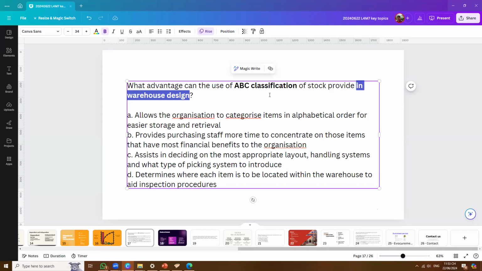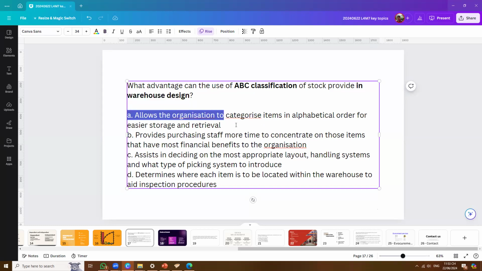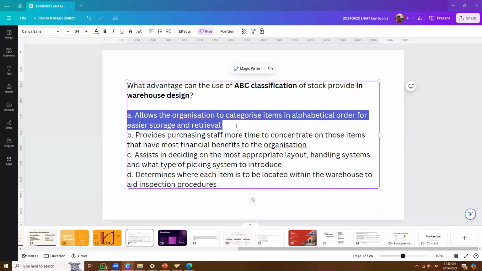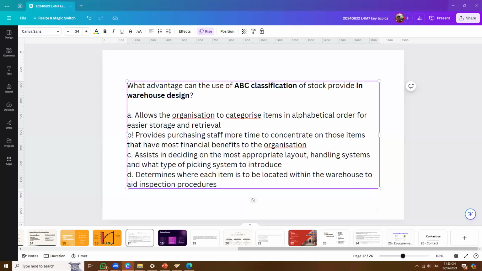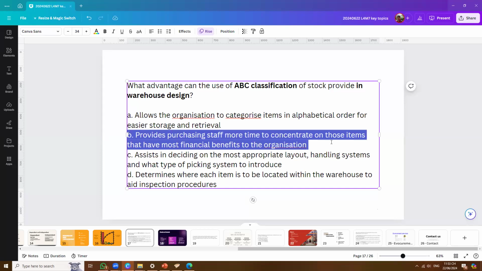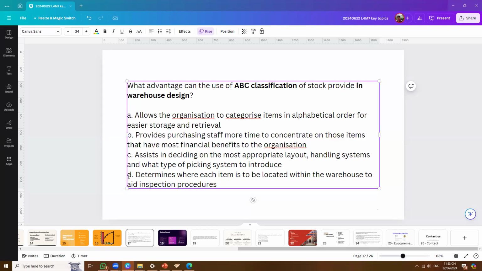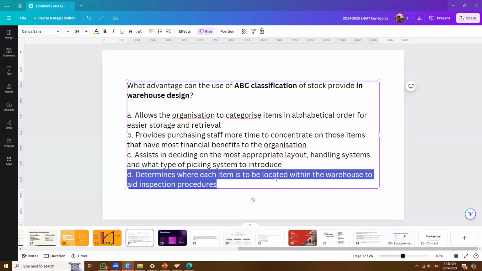That is the keyword. So when we consider this, A is absolutely not correct, because ABC is not about alphabetical order. B, of course ABC assists this, but it is not about warehouse design. It is about the allocation of time. It is about inventory management.